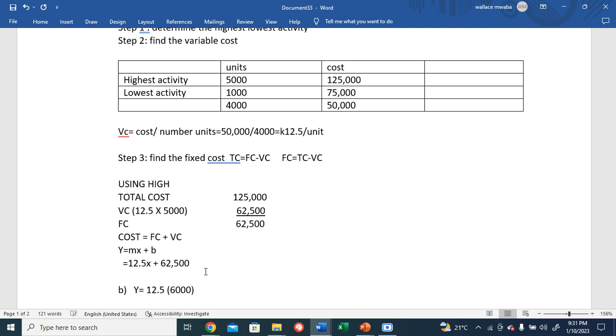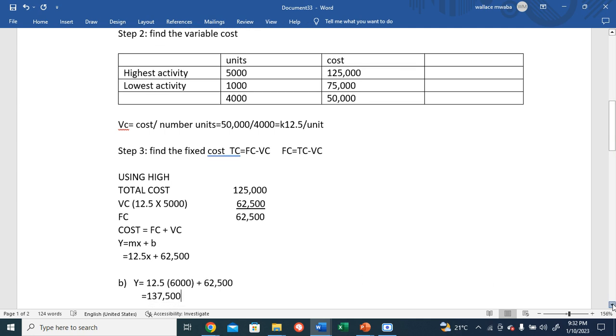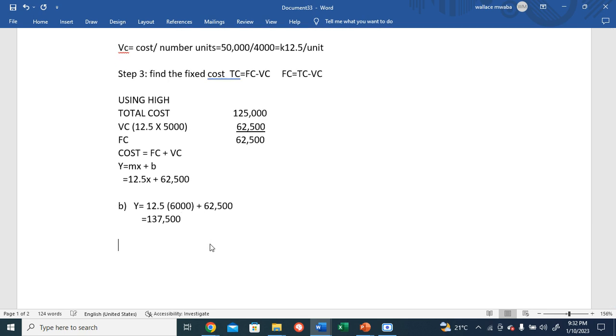Y, which represents our total cost, equals 12.5 times 6,000 plus 62,500. 12.5 times 6,000 is 75,000, plus 62,500, so we expect a total cost of 137,500 if we produce 6,000 units.